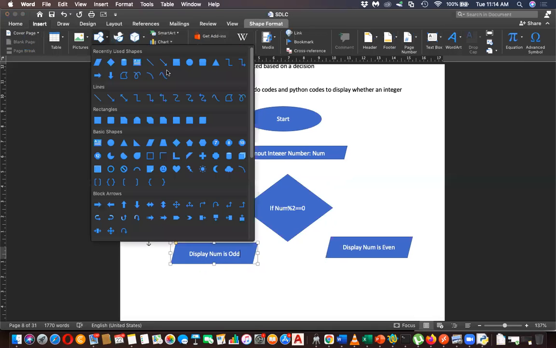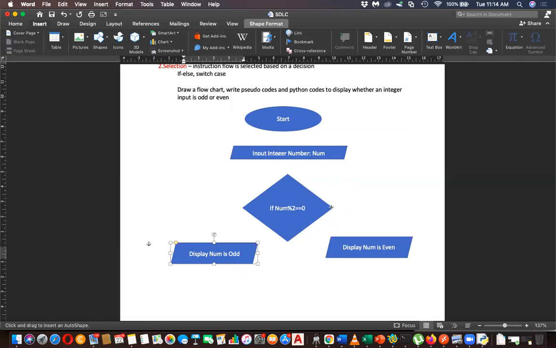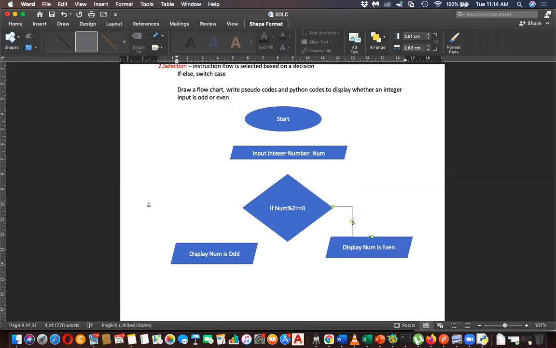Here you have to add the labels, yes and no. If it is yes, you do this one. If it is no, you do the other one.